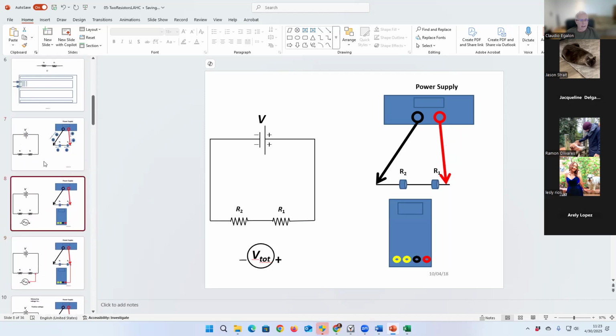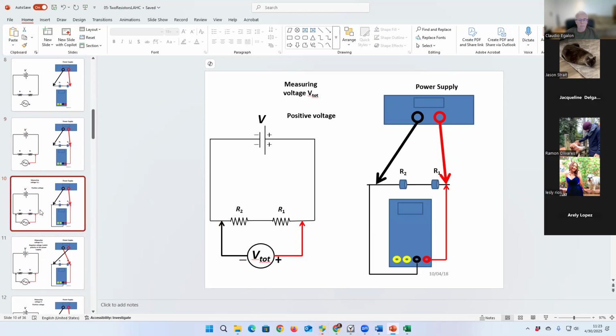Note that I depicted the voltmeter with a symbol like that, right? A circle with V inside the circle and positive and negative terminals. So we're going to need the red cable and the black cable.